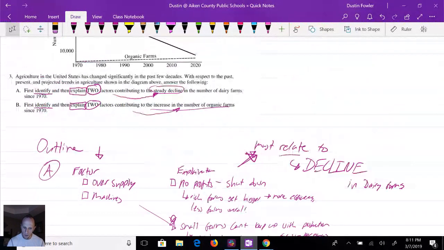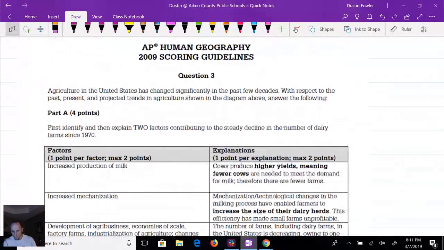All right, so what I want to do now is show you guys the scoring guidelines for this particular question. When you are a reader for the AP exam, and I did this last year, you will have the rubric to the question in front of you. And you are required actually to have it on a stand so you can see it at all times while you're grading the essays. So this was question 3 on the AP exam in 2009.